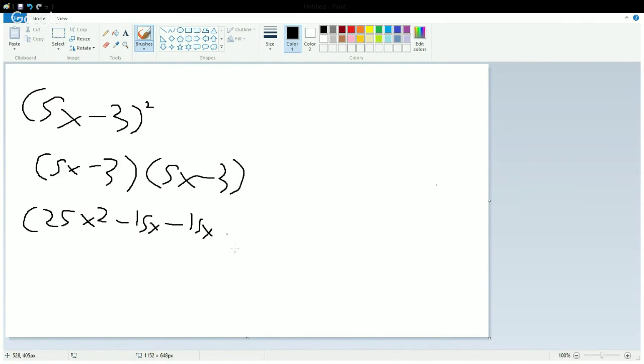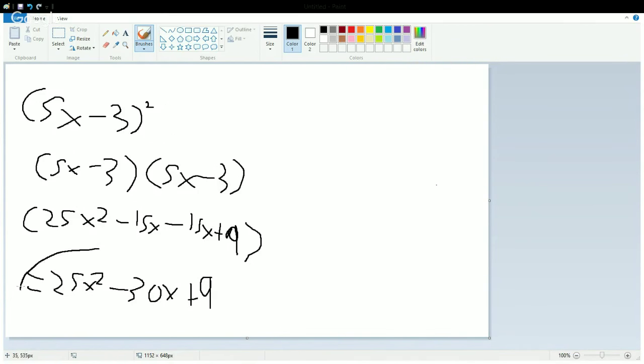Plus 9, since two negative numbers multiplying together gets a positive, which equals 25x squared minus 30x plus 9. And there you go. This right here is your final answer.